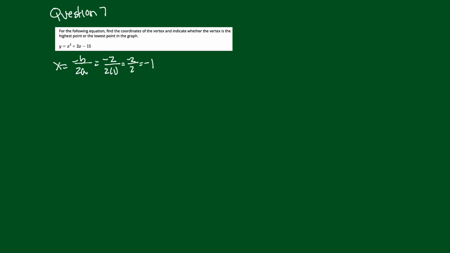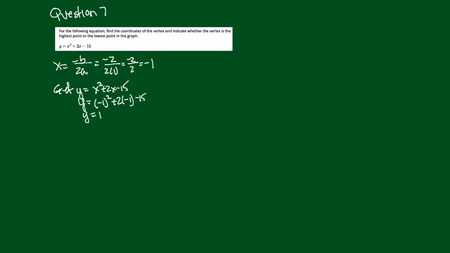Now, get the y. All right, so I need to get y. And y is equal to x squared plus 2x minus 15. So y is equal to negative 1 squared, plus 2 times negative 1, minus 15.